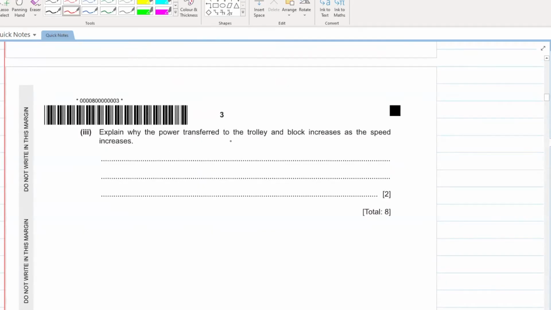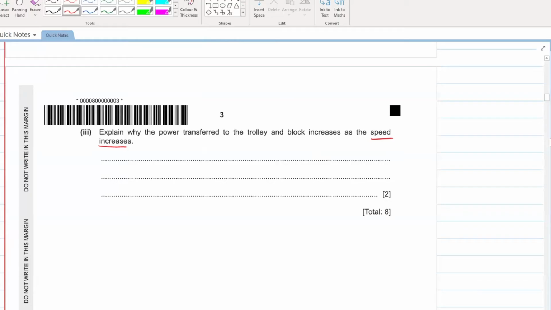Explain why the power transfer to the trolley and block increases as speed increases. Does anyone remember the formulas for power? Why does the power increase as the speed of the trolley and the block increases? थोड़ा सा बच्चों यहाँ पे दिमाग लगाना है.